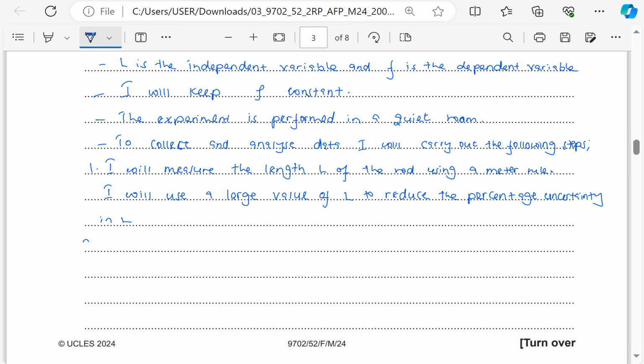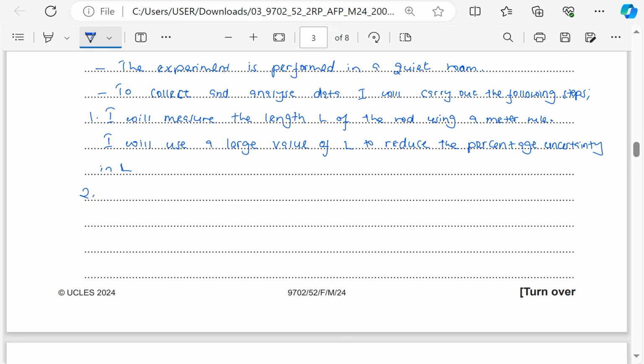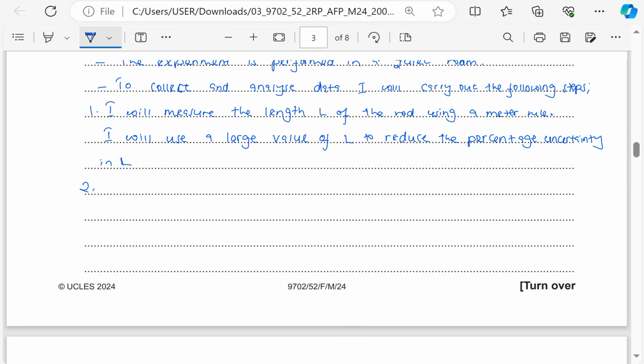Okay, then step number two. The reason we need a large value of L is because we want to reduce the percentage uncertainty in L. Step number two, since I need to find the density, I must also measure the diameter to find the cross-sectional area before I find the volume.